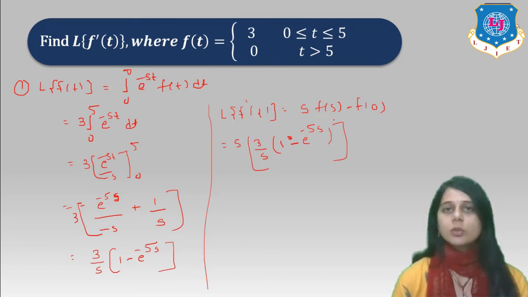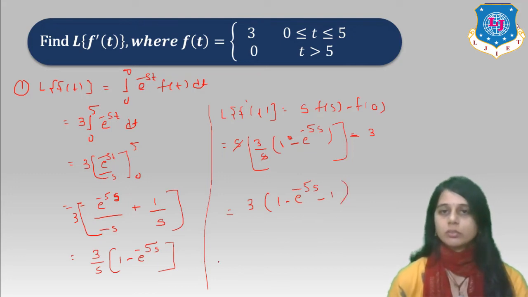Now we put t equal to 0, so f(0) is 3, given by the first condition. So we get 3(1 minus e^(-5s)) minus 3. Answer is minus 3e^(-5s).